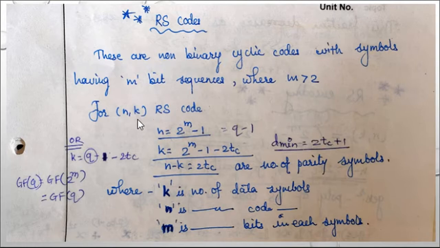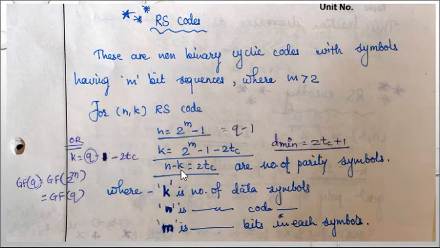For an (n, k) RS code, it is quite desired to get the m-bit sequences. Now n, as we have seen in the earlier cases, is the number of code bits or the number of code vectors. But this time n is called the number of code symbols. Similarly, k is the number of data symbols.